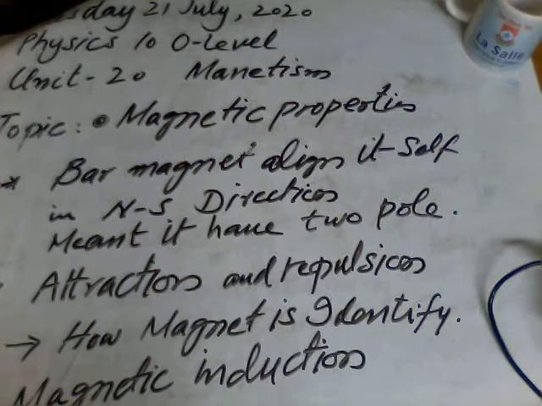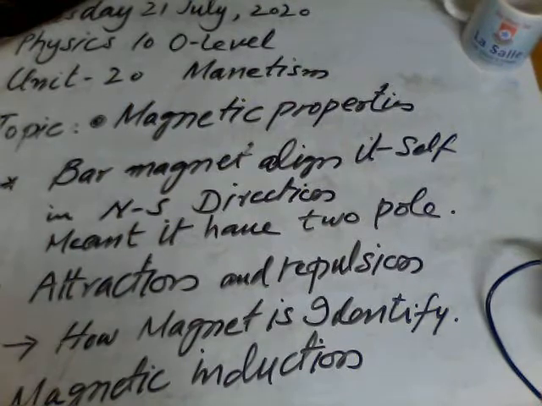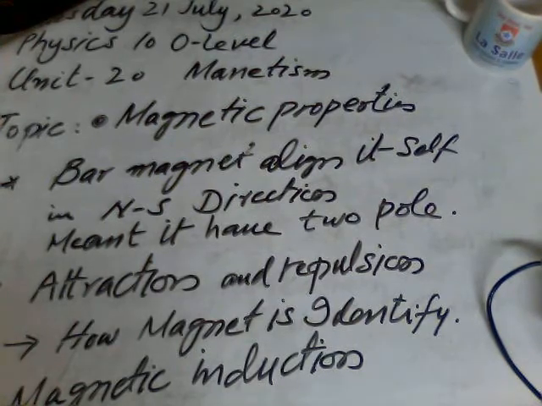Moreover, if it is a magnet, we can check the repulsion and attraction between same pole and opposite pole. So we can easily identify whether a piece of metal we found is a magnet or not.